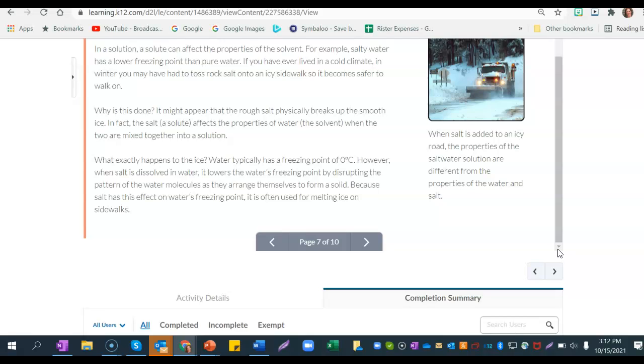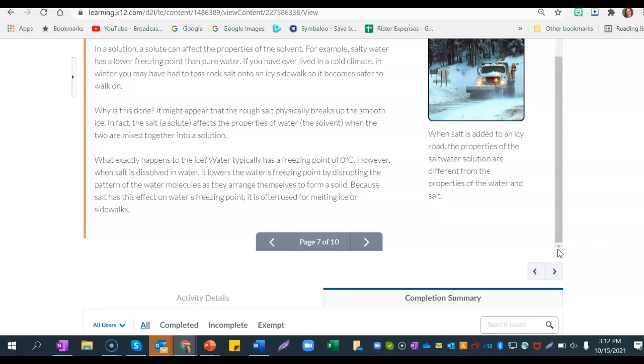So if you're thinking about how the solute can affect the properties, we're given the example of salt water, but salt being added to ice, the freezing point is disrupted. So you're able to give that example.